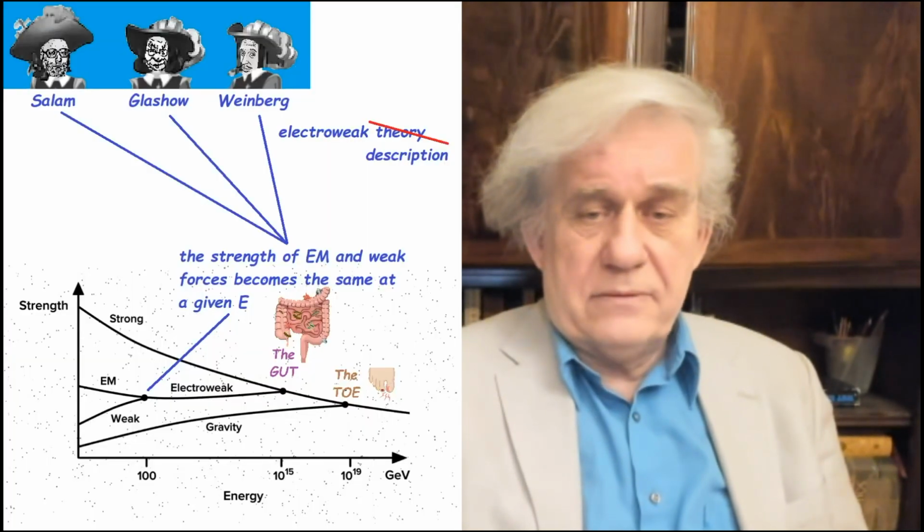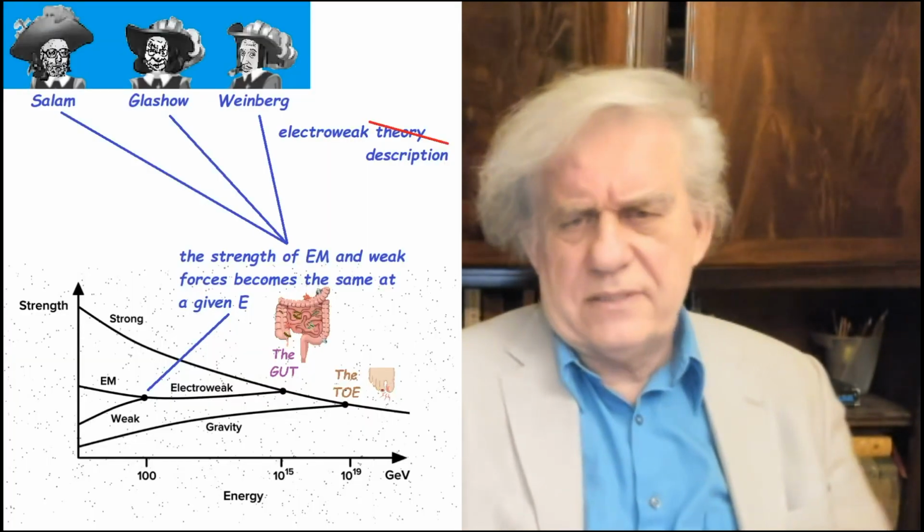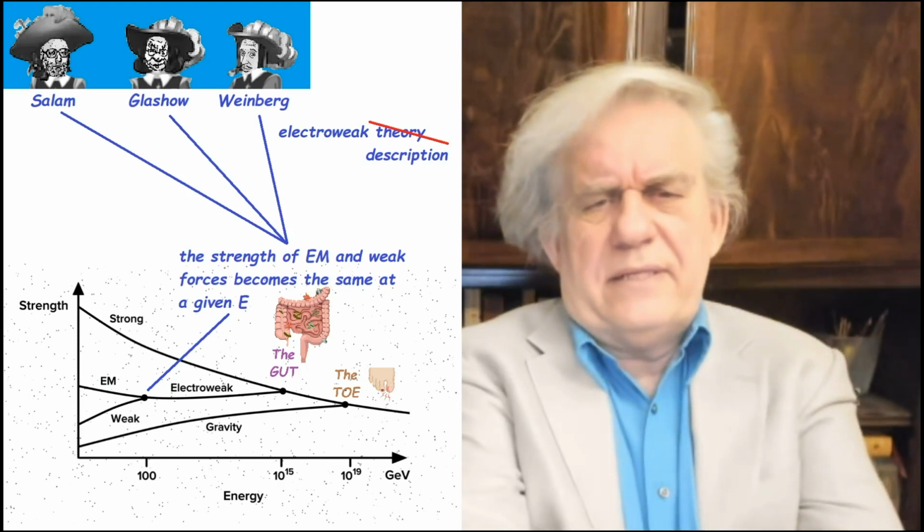And so the quest was on to unify all these forces. How do you unify them? The first step was to unify perhaps the simplest of them, which was the electroweak, the weak forces with the electromagnetic force. The photon with the weak forces, and there were 2 of them, the W's and the Z's. These guys came around in the 1970s, I think 1979, when they won the prize.